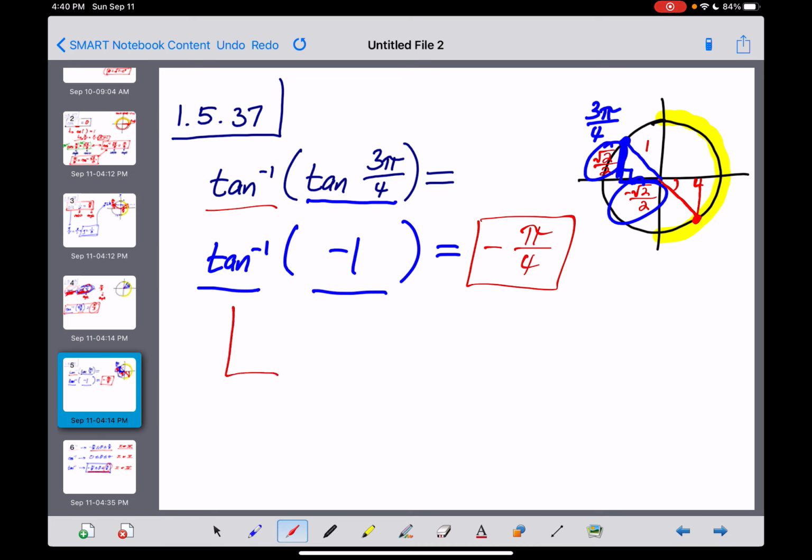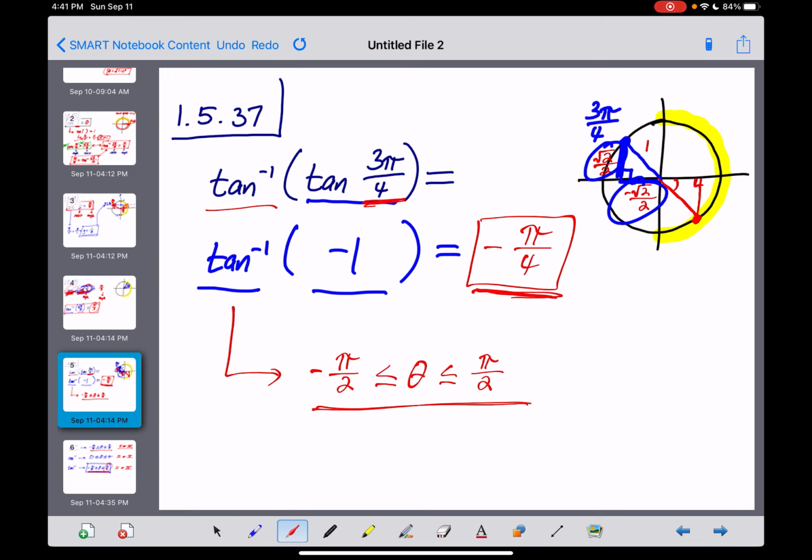And the reason it's not 3 pi/4 is because the range of an inverse tangent question is -pi/2 is less than or equal to theta, which is less than or equal to +pi/2. We're only looking in the first and fourth quadrant. 3 pi/4 is not in this range, so we had to come up with the only other angle that is in this range that had a tangent value equal to -1.